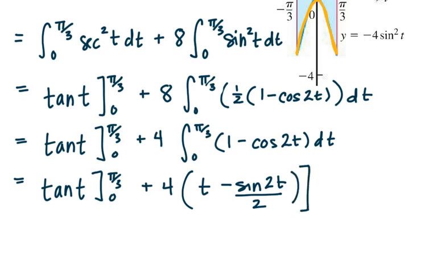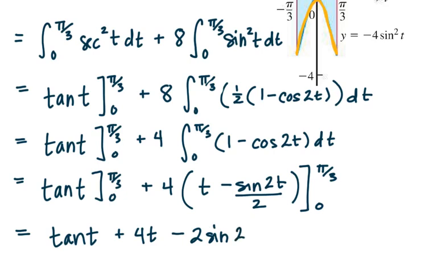That piece will need to be evaluated from pi over 3 to 0. So really, I'm integrating tangent of t plus 4t. Distributing that 4, I get minus 2 sine of 2t from pi over 3 to 0.